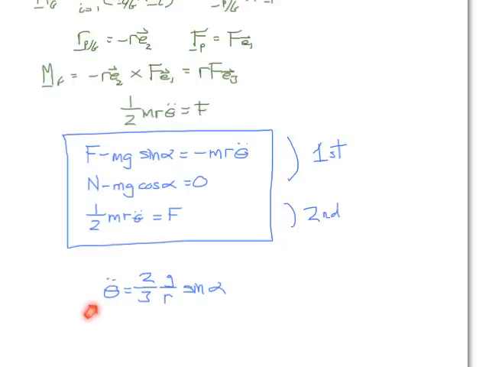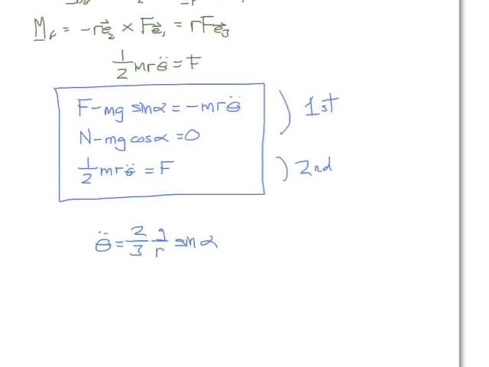It's a second order differential equation, so we can integrate this once to get the angular velocity, and we integrate it twice to get the angular position given initial conditions. Now, another thing that we can do here is that we know that the relationship between the rolling degree of freedom and the translational degree of freedom is x double dot is equal to r theta double dot.